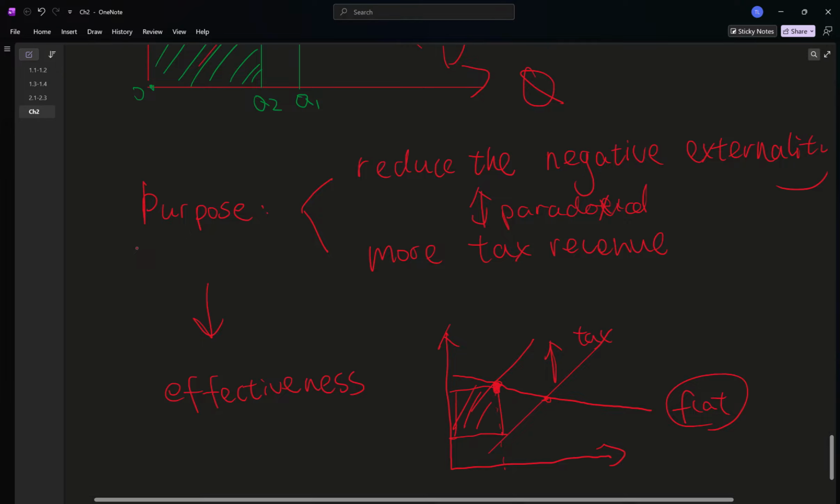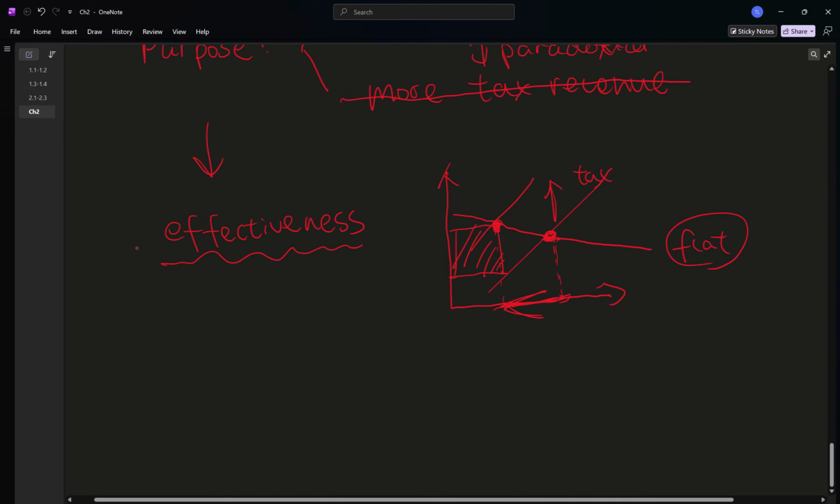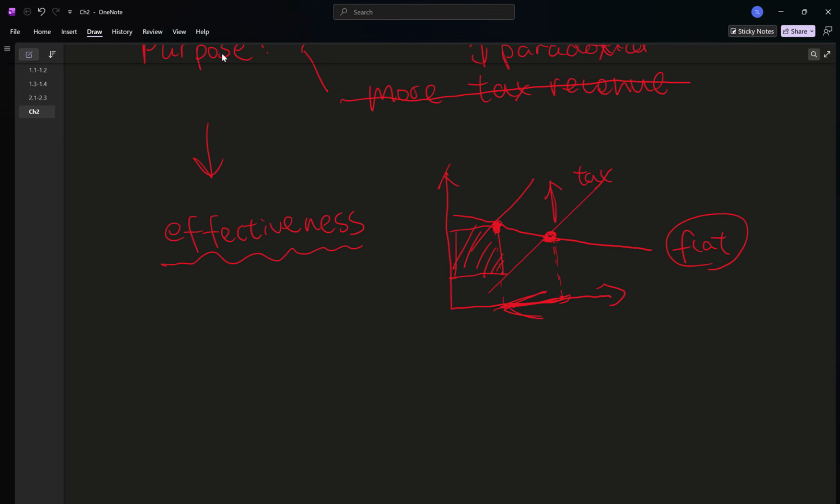So actually, this more is a tax, but we don't care about how much it is. When we are talking about the effectiveness of indirect tax, we usually don't look at how much tax revenue we earn. The real purpose should be how we can reduce the negative externality, how we can reduce the consumption, the production of the goods. So you see, we actually decrease it from here to here, and this is quite flat.